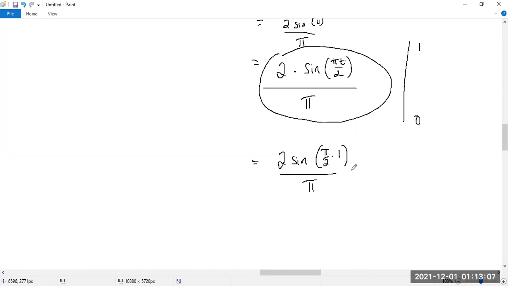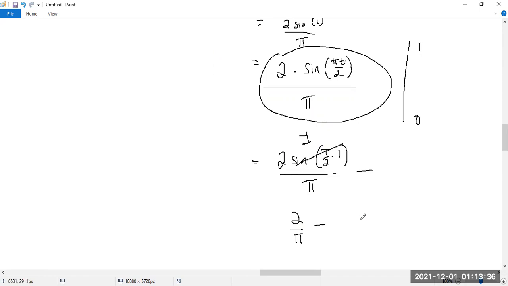Pi over 2 times 1 is pi over 2, and sine of pi over 2, on the unit circle, is 1. So this is just 2 over pi, because the sine goes to 1.